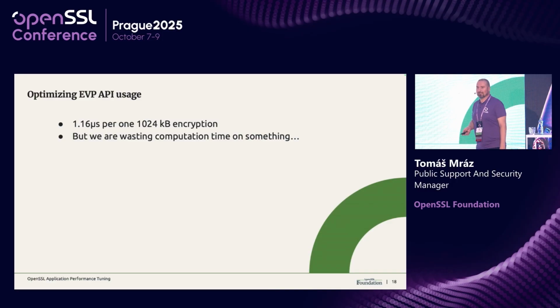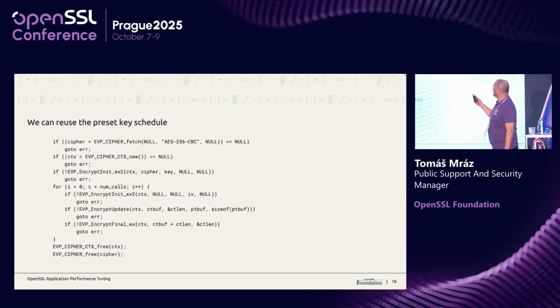But we are still wasting time on something because we can reuse the preset key schedule. So here we fetch the algorithm, allocate the context, and we can also init the context with the cipher and key if we are using the same key for, I don't know, subsequent packets or something. Then inside the loop, we need to just set the IV.